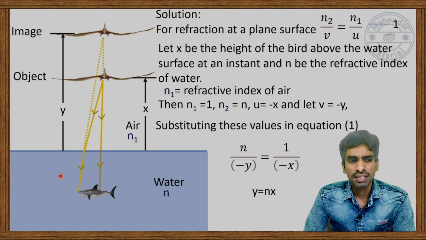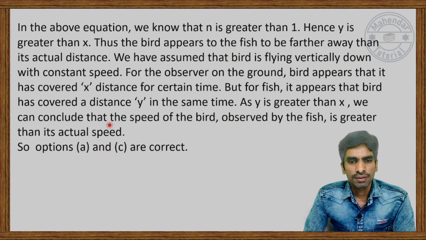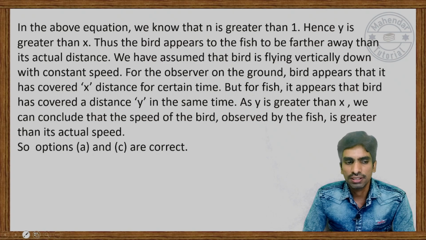It means for the fish, the bird appears much faster than its actual speed. As y is greater than x, we conclude that the speed of the bird observed by the fish is greater than its actual speed. So the correct options are A and C.